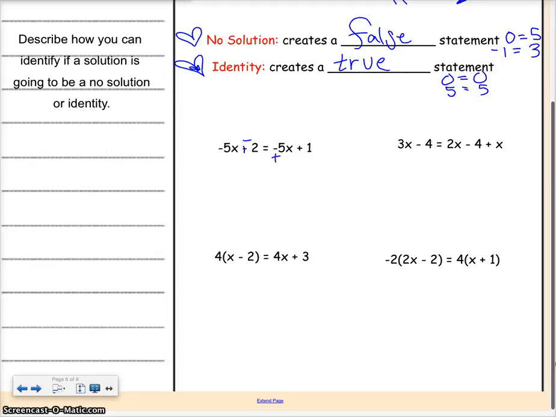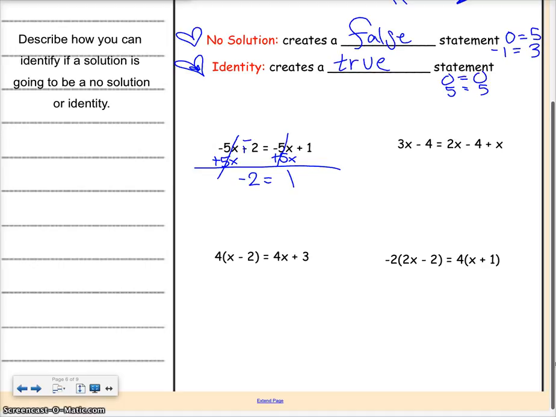I like my variables on the left-hand side, so I'm going to move the one on the right. -5x plus 5x, how many x's do you have? 0. Nothing. They canceled out. And then what do I have left? That -2 equals 1. So now you have, my variable disappeared, so it's special.